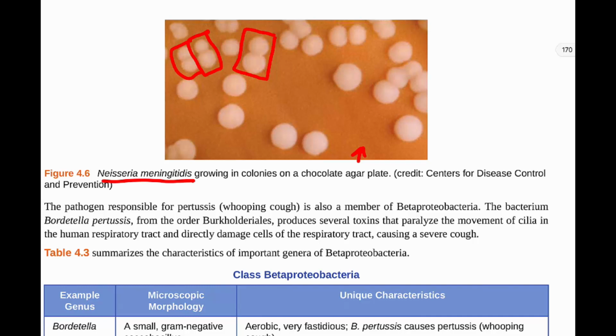So the pathogen responsible for pertussis, pertussis meaning whooping cough, is also a member of the beta proteobacteria. The bacterium Bordetella pertussis from the order Burkholderiales produces several toxins that paralyze the movement of cilia in the human respiratory tract. It also directly damages the cells of the respiratory tract and causes that severe cough.